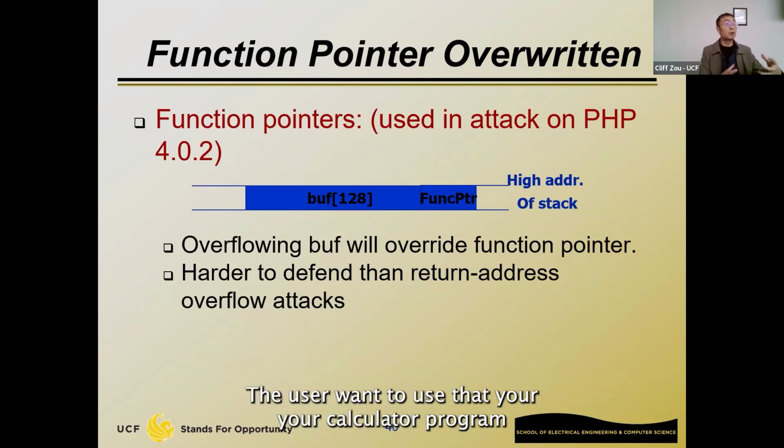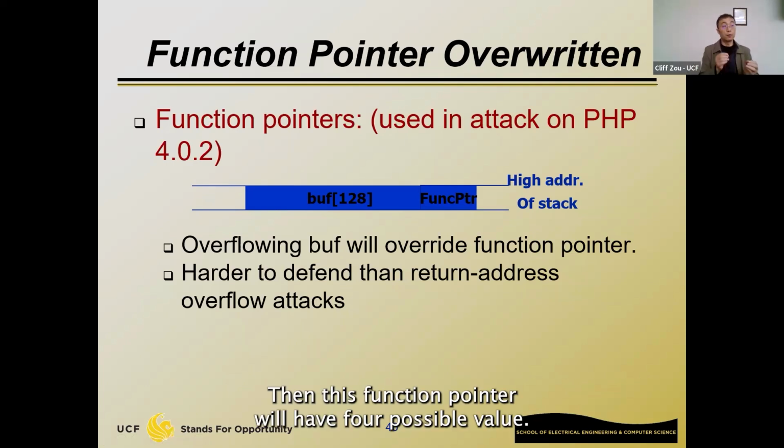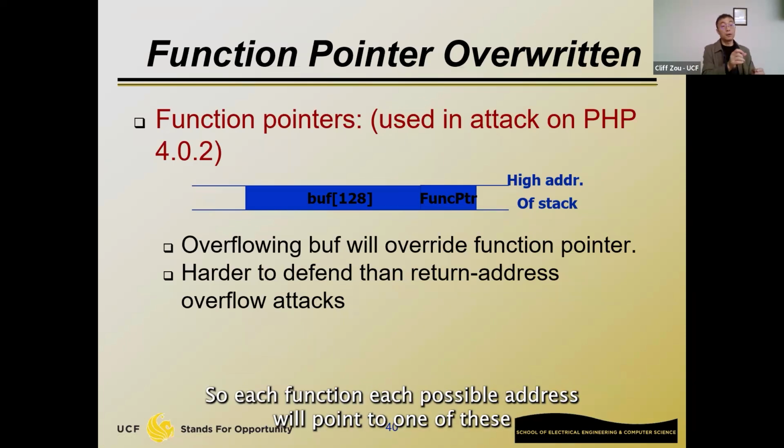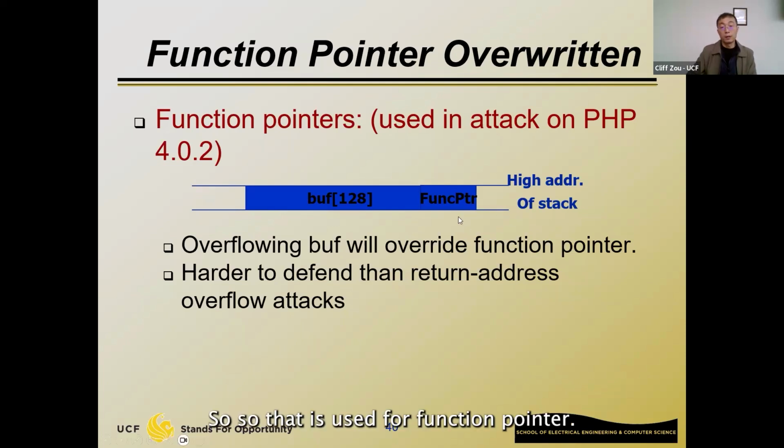Then your calculator program can store that user input function as a function pointer. Then this function pointer will have 4 possible values. Each possible address will point to one of these 4 mathematical computation subfunctions. So that is the usage of a function pointer.